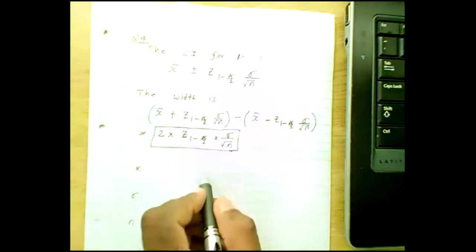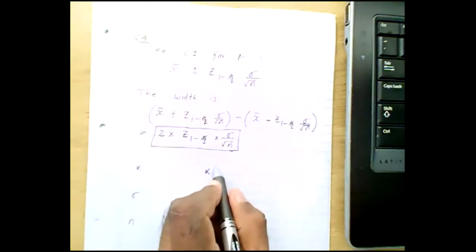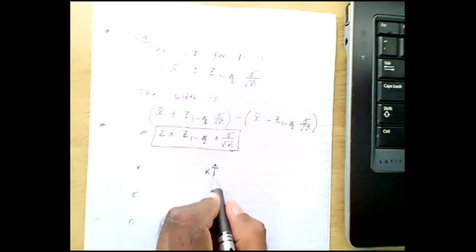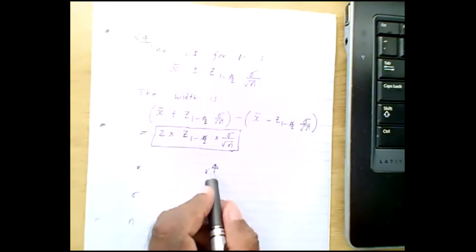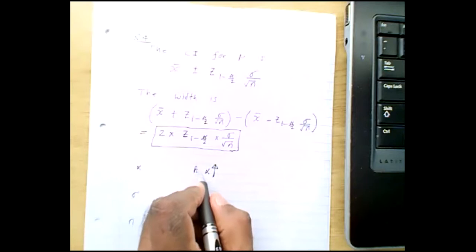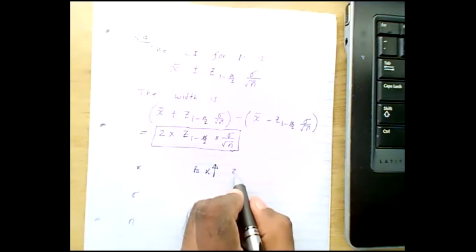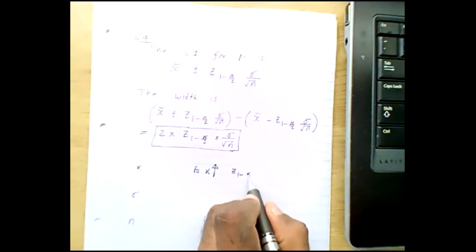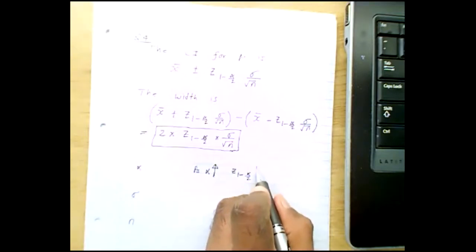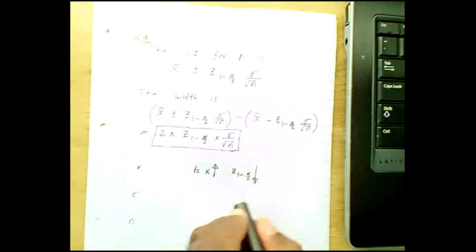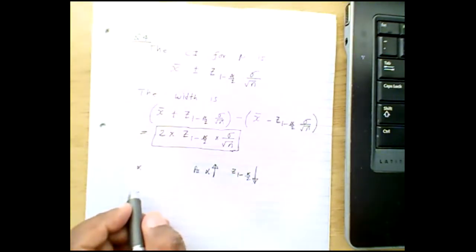As alpha increases, are you familiar with this notation in mathematics? This means that as alpha increases, z_{1-alpha/2} will decrease, right?